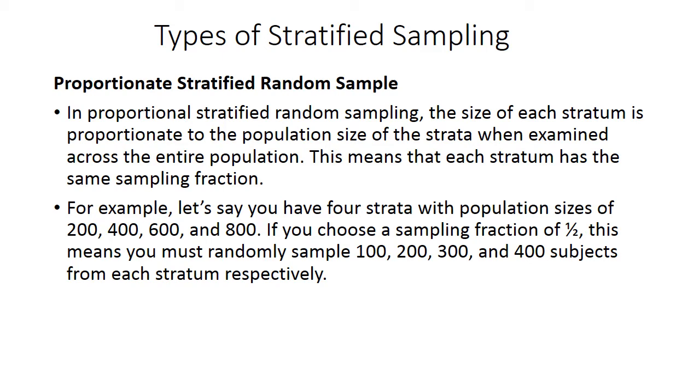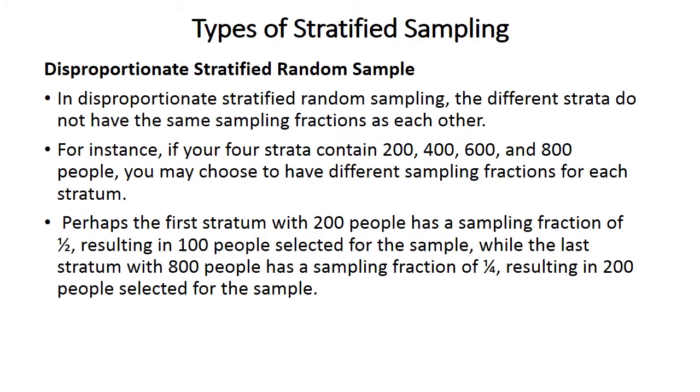In simple meaning, the sample size should be in some proportion with your population size. The second form of stratified sampling is disproportionate stratified random sampling. In this sample, different strata do not have the same sampling fraction. This will be clear with the help of this example.